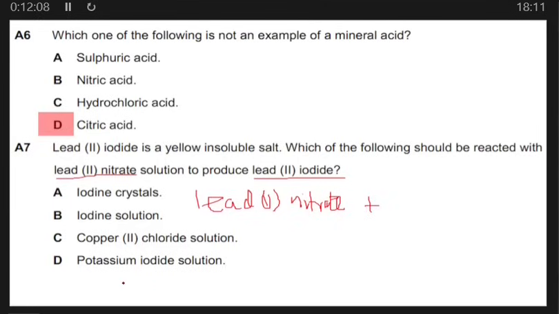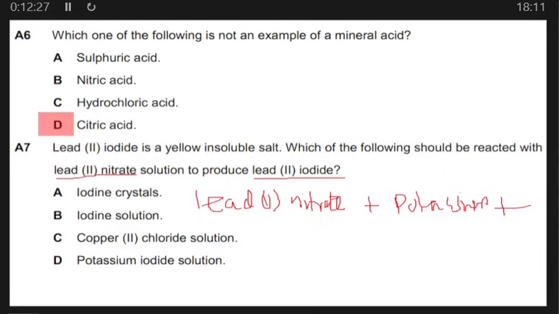Definitely it should combine with potassium iodide. Sorry guys, this is why I use this method, because I cannot write properly.